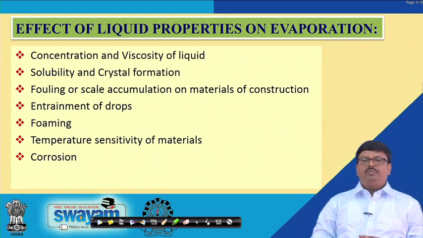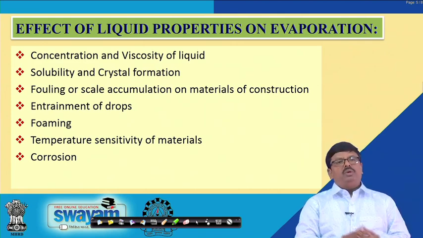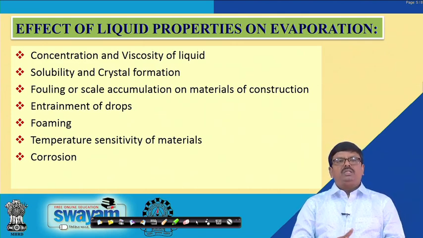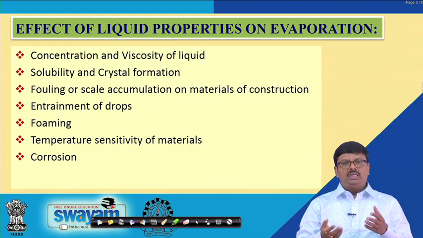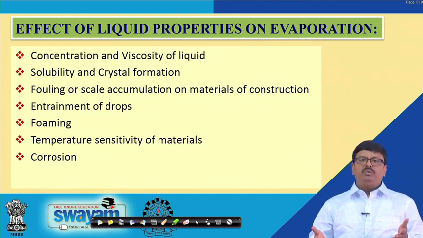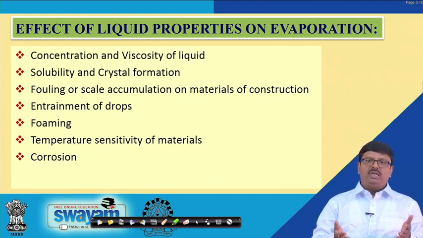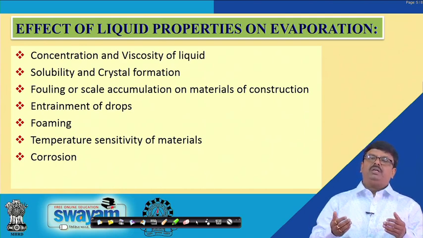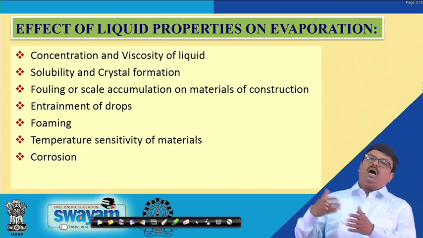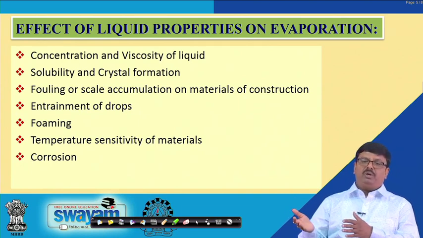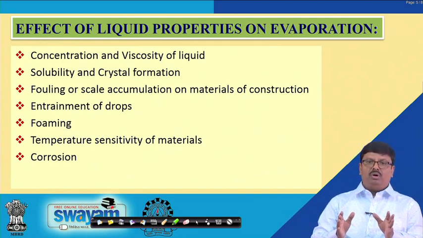Entrainment of drops and foaming. Foaming is also an important factor. Temperature sensitivity of materials is a very important thing, as I have already told you. There are many compounds, such as pharmaceutical compounds and others, that are temperature sensitive. At high temperature they may be converted into other products apart from the desired products, and this is not desirable.